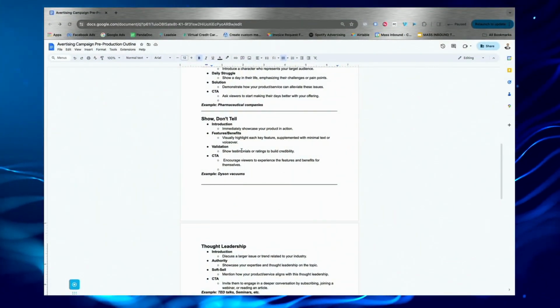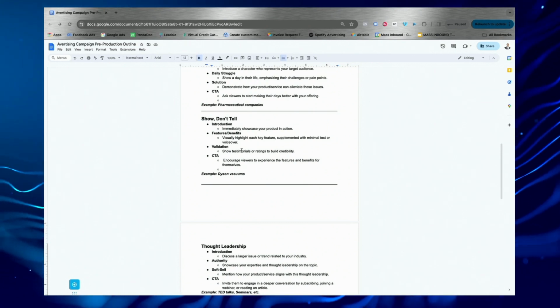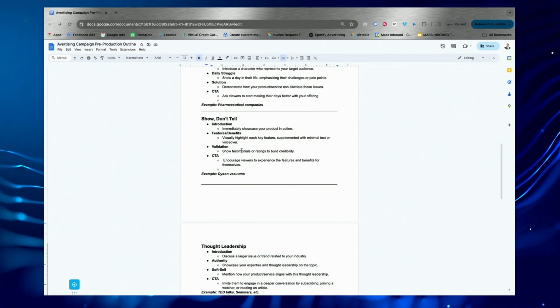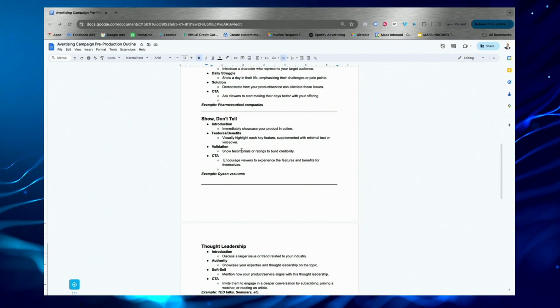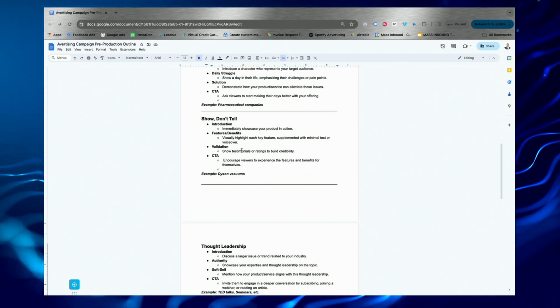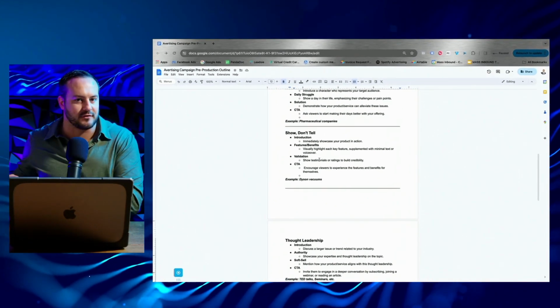So in the subcategories of what you want to think about, you want to introduce the product, show and tell the features and the benefits, but then show validation, right? Not only is our product thicker than 10 times the other competitors in the marketplace, but when you put this paper towel on coffee on a white rug, it absorbs more of the coffee off of the rug.